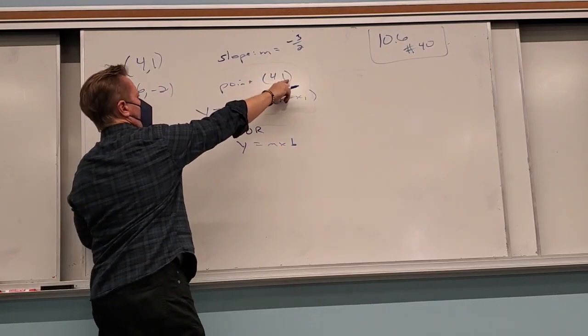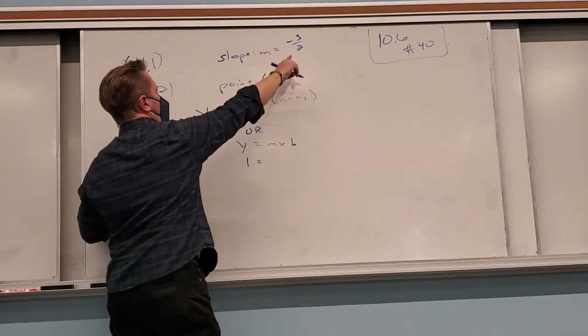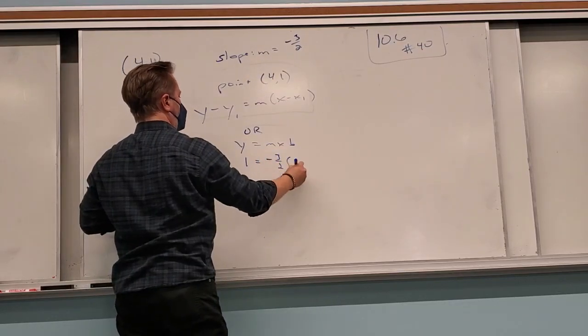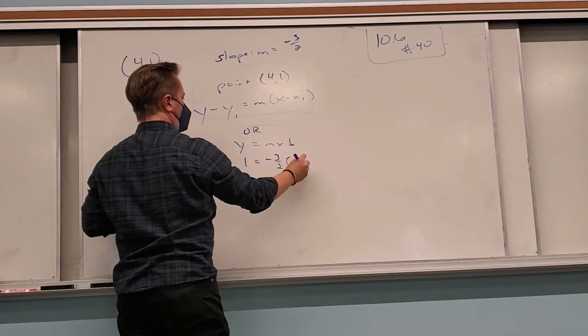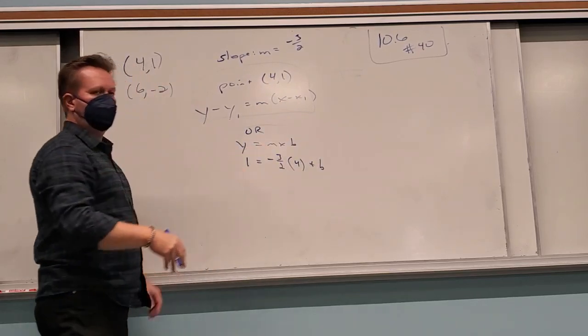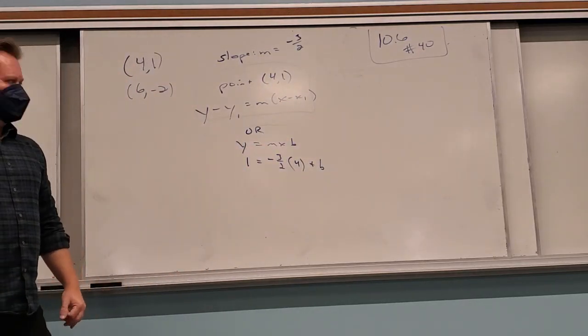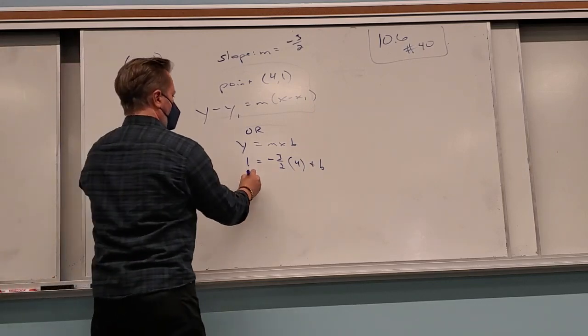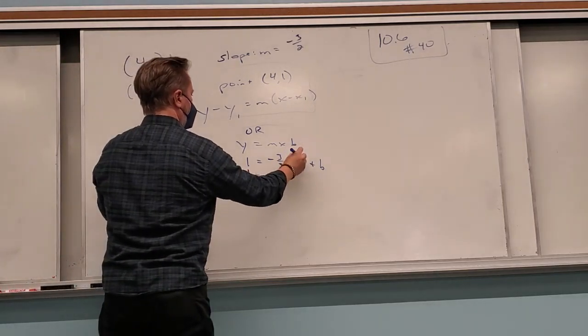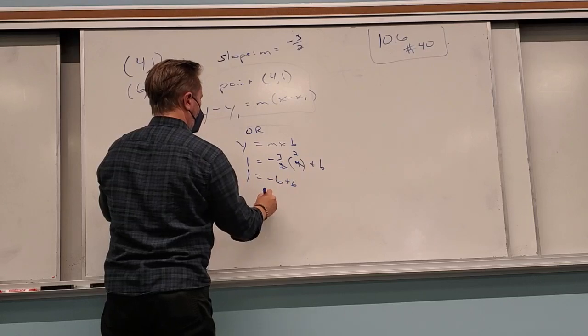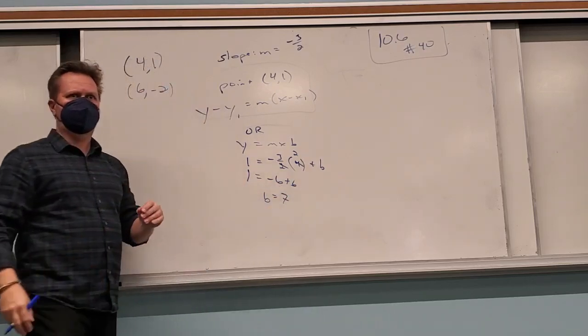I know that y is 1, I know that m is -3/2, and I know that x is 4, so then I can just solve for b. So we got 1 equals -6 plus b, so I get b is 7, is that cool?